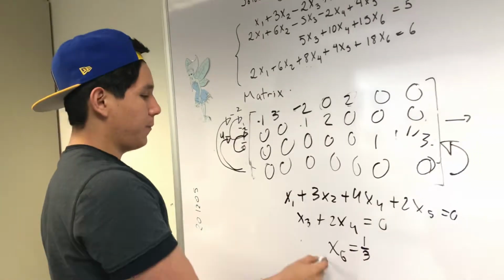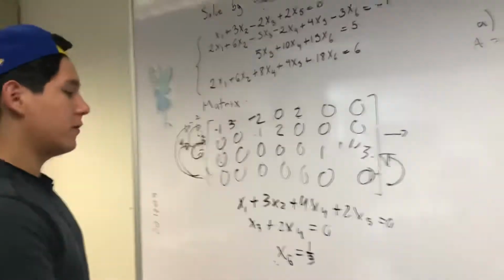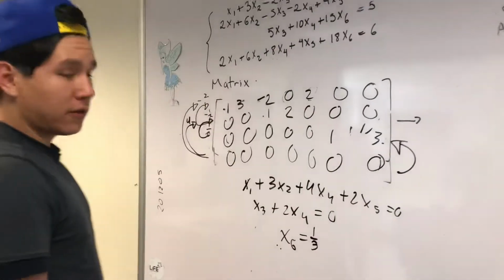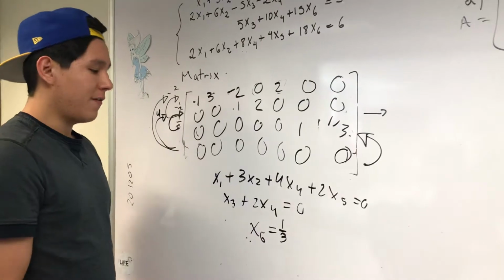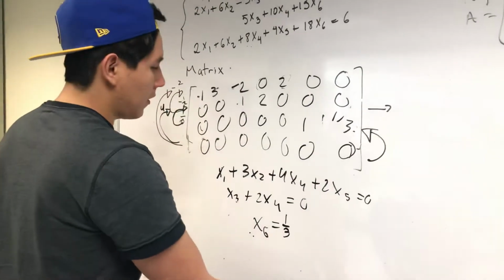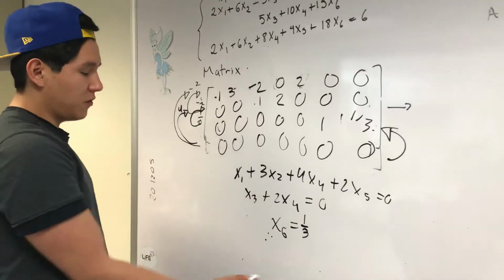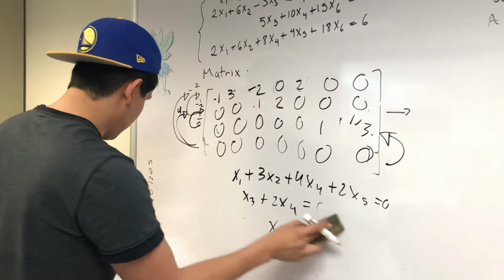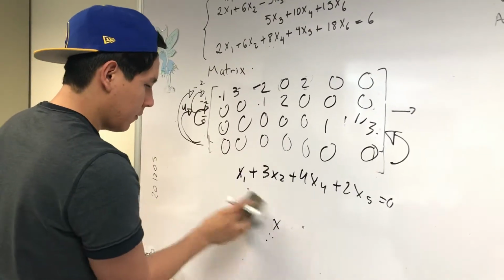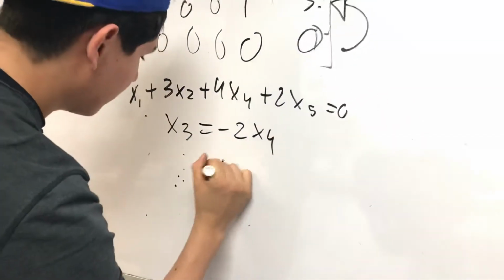We have to put this into the lower equations just by substituting. I will skip that step to be more efficient. The substitution leads us here to x3 equals minus 2x4, and x6.